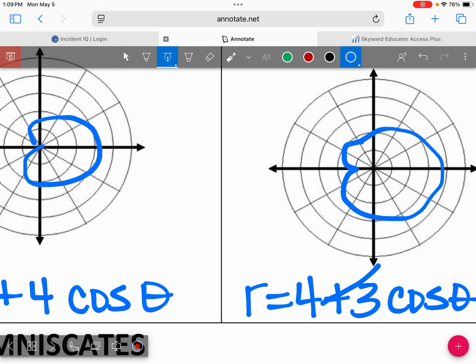Yeah, it has to be smaller than the first number. The difference is it's a heart, but it doesn't touch the origin. It's not going to come all the way to 0, 0. That's the difference between those two. So if you wanted to actually touch the origin, then you have to use the same number. It doesn't have to be 4. It could be 5. It could be 6. It could be whatever. Okay.